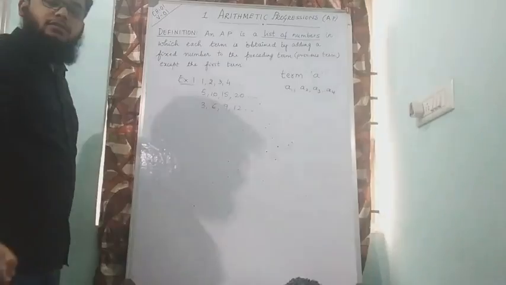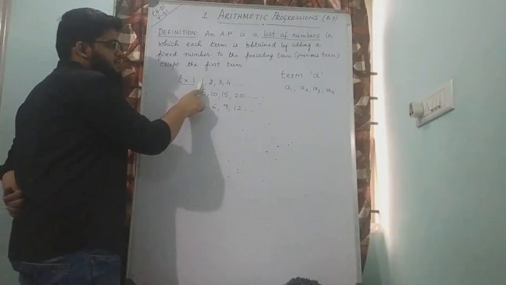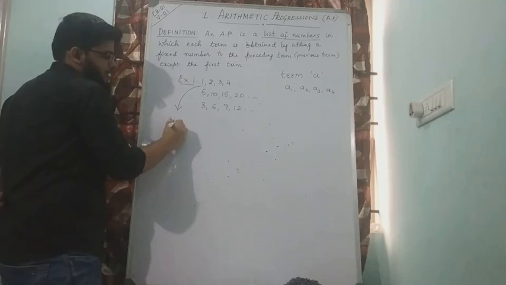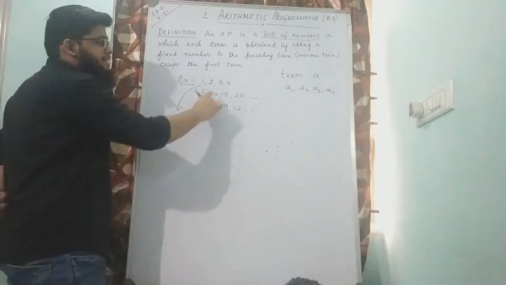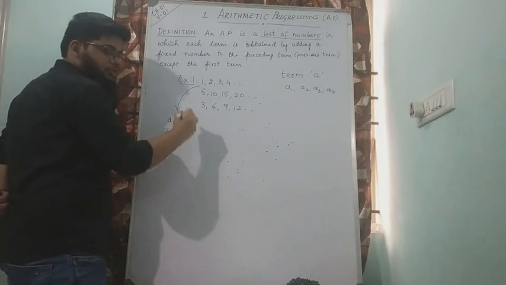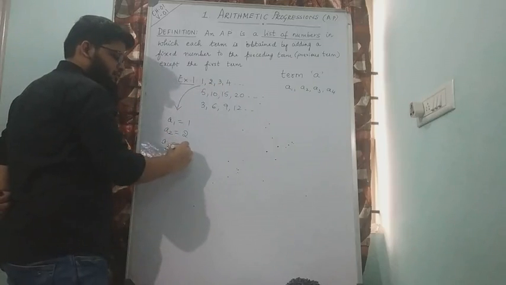To understand better, let us again take example number 1. First term is 1, or A1 is equal to 1. Second term is 2, or A2 is equal to 2. Third term is 3, A3 is equal to 3.